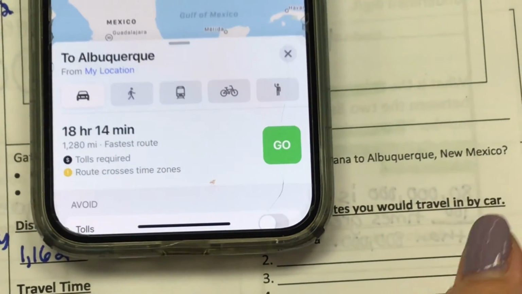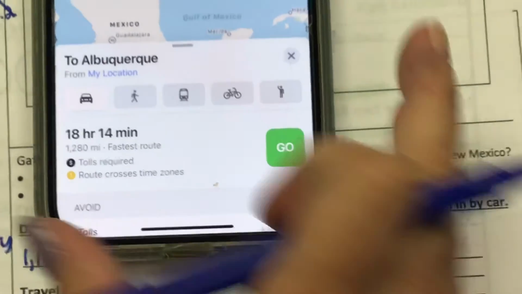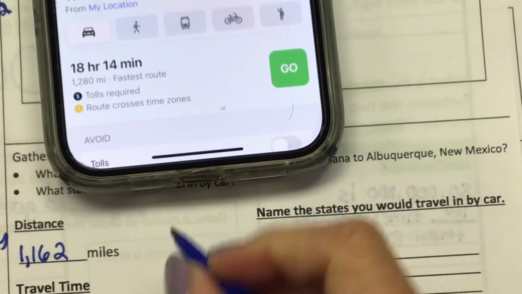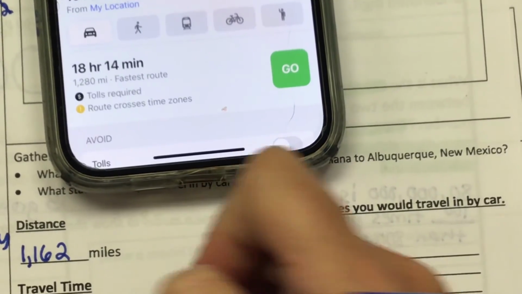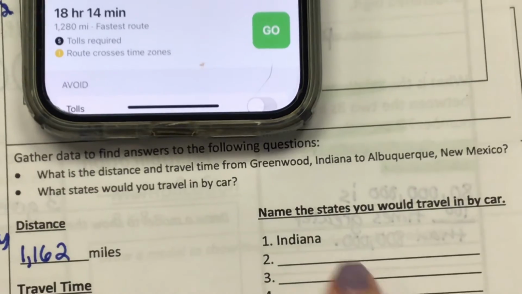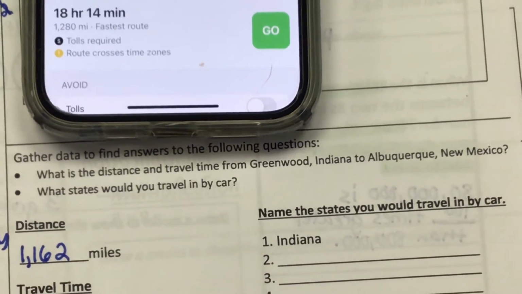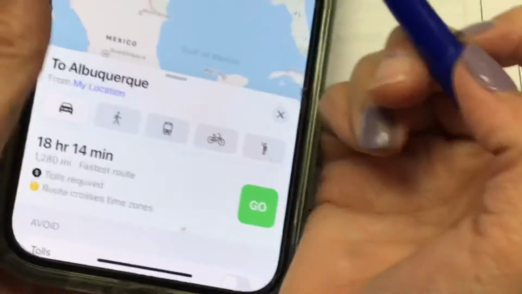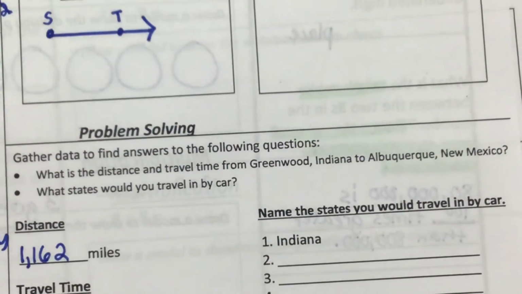Look it up. It's 18 hours, 14 minutes. Now, we did the hard part. Now, you need to look on a map of the United States and see what states you would travel through.